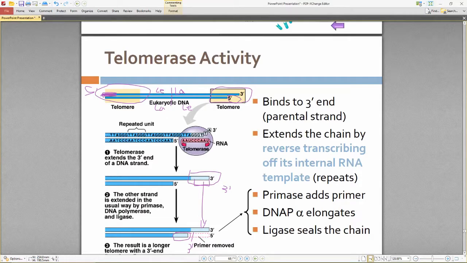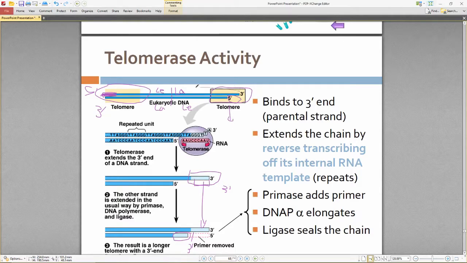Wait, but the 3' strand stays the same length, but the 5' strand just gets shorter and shorter? Is that all? Like the gap just gets bigger and bigger? The gap doesn't get bigger and bigger because let's look at the next replication from this point.